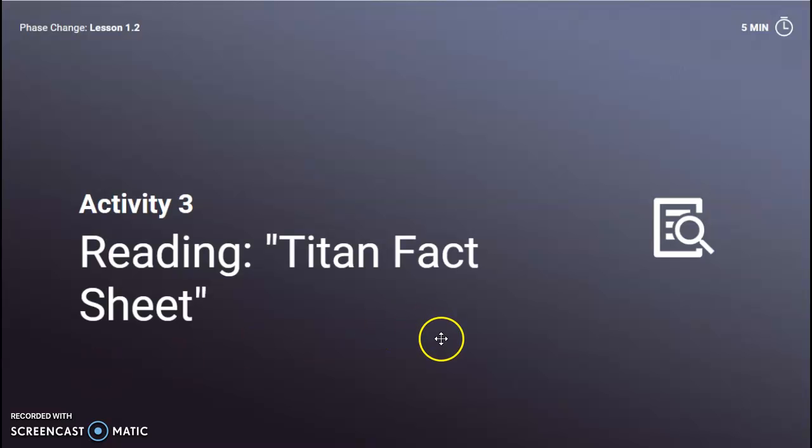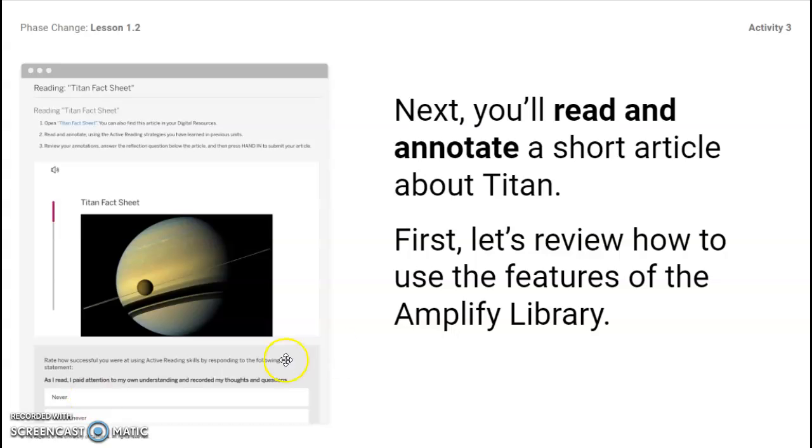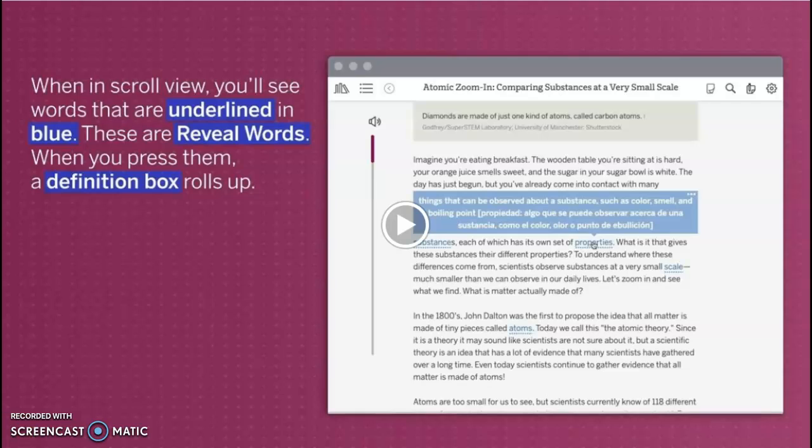So the next thing that we're going to do is section 3. You're going to be reading the Titan fact sheet. You're going to read and annotate a short article about Titan. You should have articles in a packet that your teacher has given you. You can use the Amplify library to help you find words or underline things, but we're actually going to do it in the packet instead.